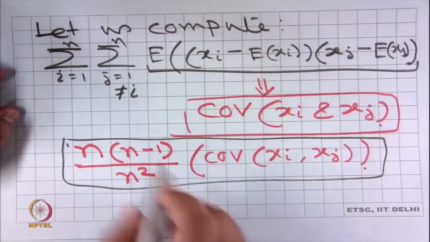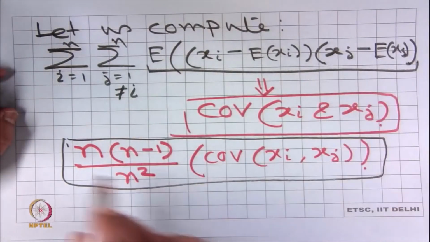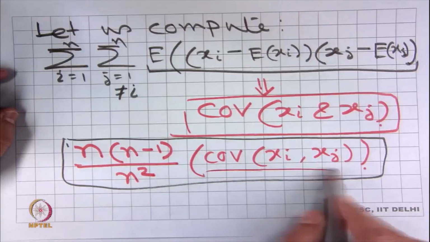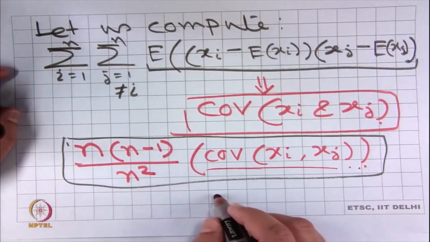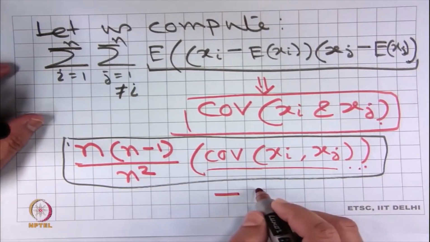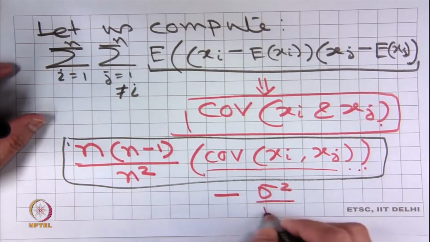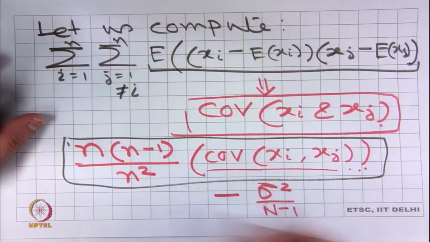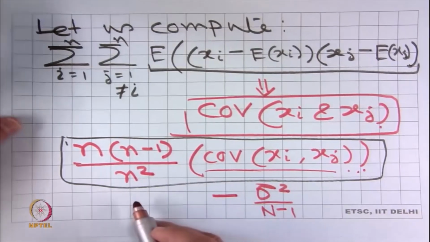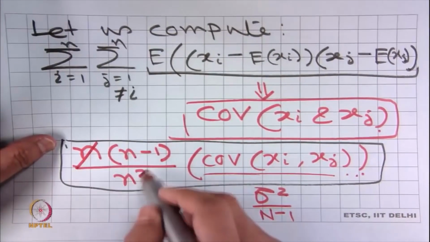Therefore, with respect to SRSWR, when we are looking at the second part, we knew that this is minus sigma square upon n minus 1. Therefore, what we are getting is that this n cancels with this square.